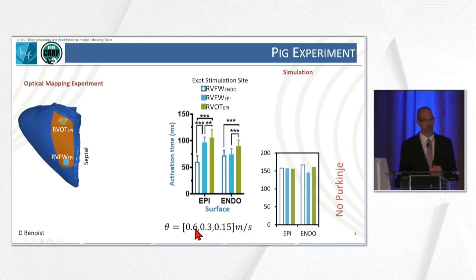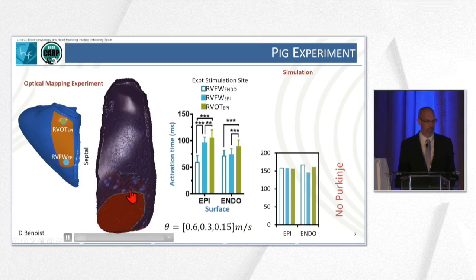There's a fiber direction, a cross fiber direction, so that's parallel to the plane of the endocardium and epicardium, and then there's a third direction, which is the normal going from epi to endocardium, and each of those directions has a different conduction velocity. So I used 0.6 along the fiber, 0.3 across the fiber but in the plane, and half of that, 0.15 meters per second, going from endocardium to epicardium.